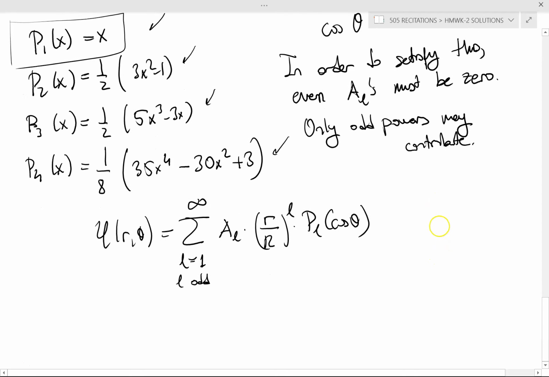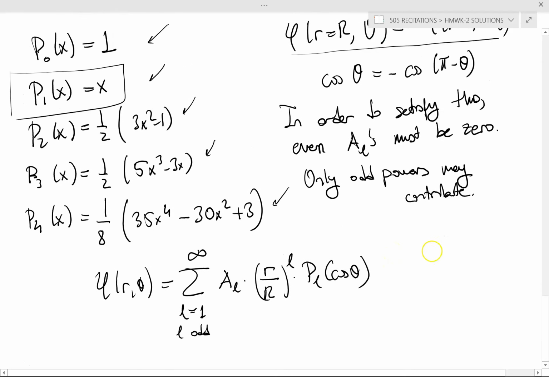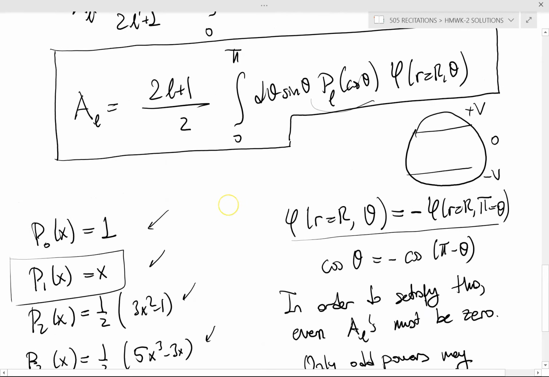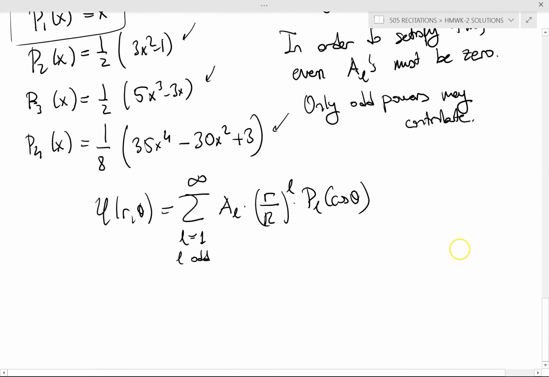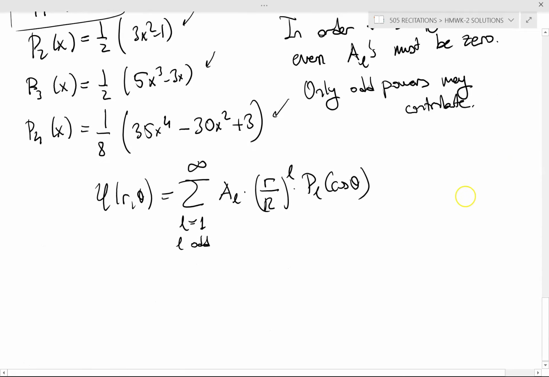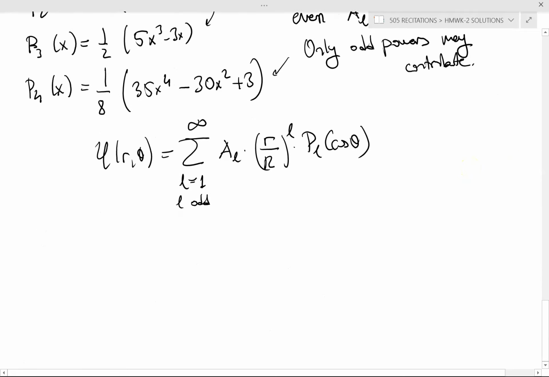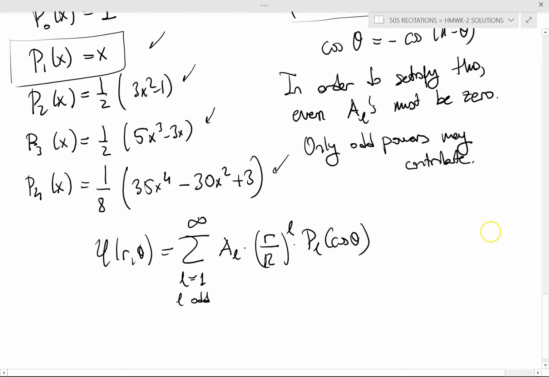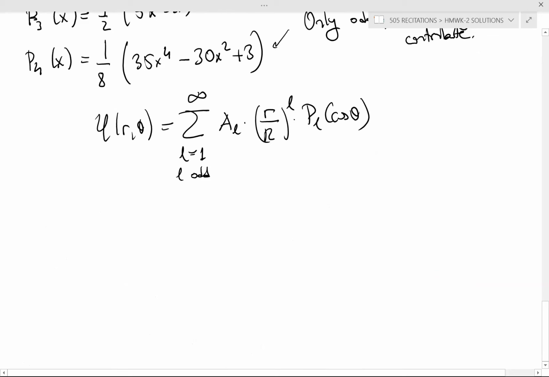I can calculate what the A_Ls are by using this, given that psi(R, theta) is in this form. However, my purpose is to achieve something given these boundary conditions. What is that purpose?